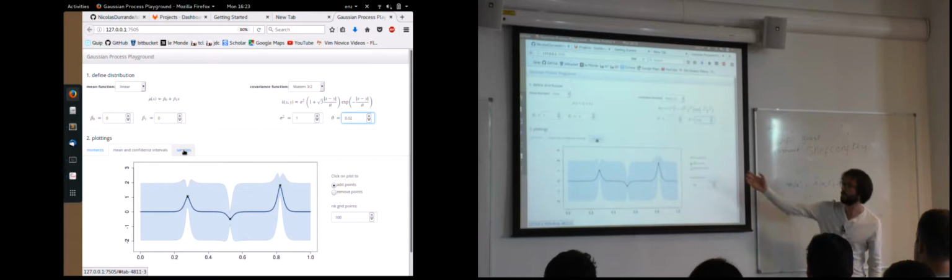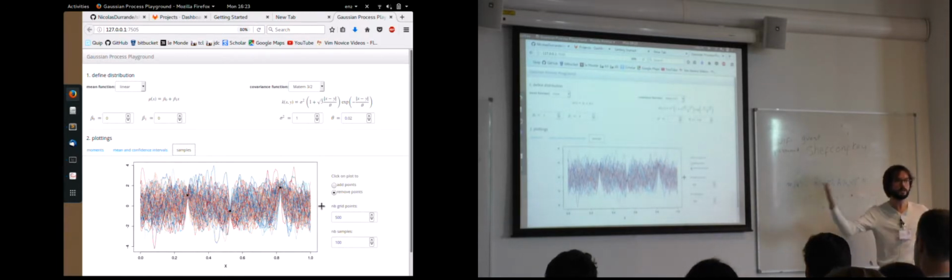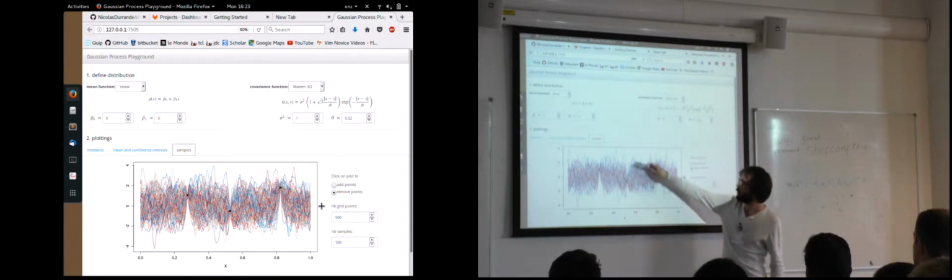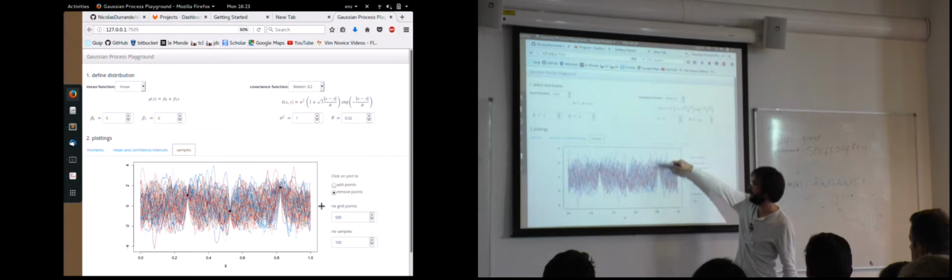Yes. So another way to look at it is not to look at the model, but to look at the prior we have for this value. And this is the kind of prior we have. With a very small length scale, it means we kind of contract the input space a lot, and we have a very, very wiggly process.